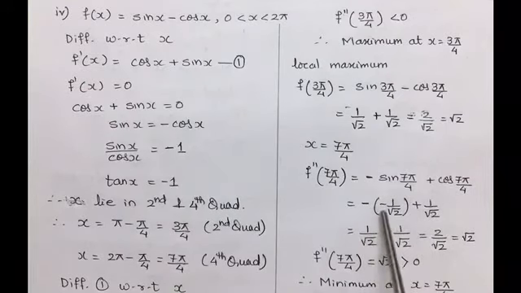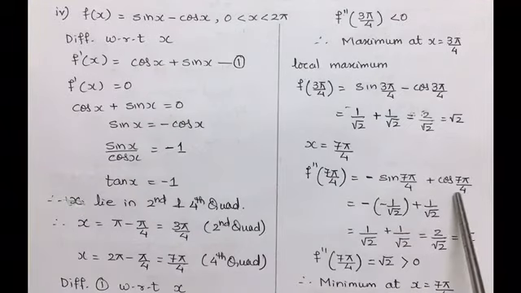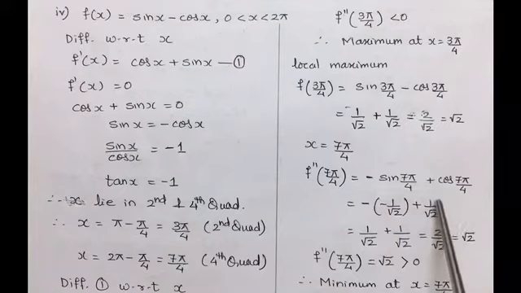So minus of minus 1 by root 2 plus cos, which is positive in the fourth quadrant, hence we get directly 1 by root 2. So 1 upon root 2 plus 1 upon root 2 makes it 2 by root 2. Cancellation gives us only root 2.